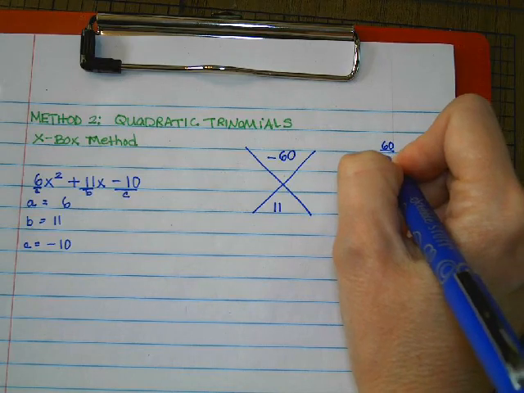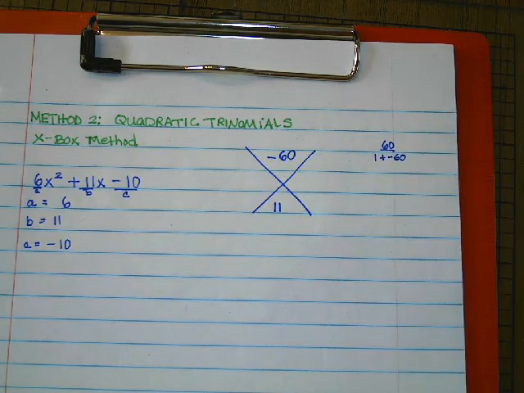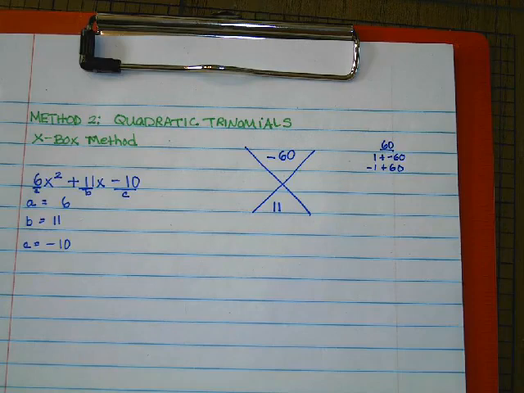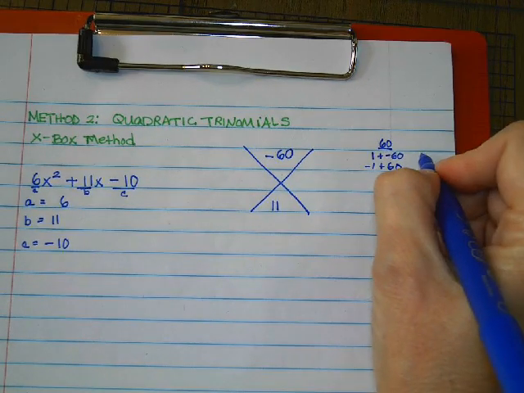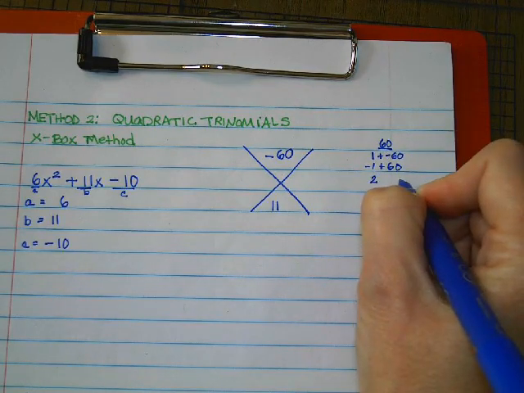We've got 1. Is 1 plus negative 60, because we know one has to be negative? They both can't be positive, so there's no sense in writing that down. So 1 plus negative 60, would that make positive 11? Nope. What about negative 1 plus 60? Would that make positive 11? Nope. So now we're going to try dividing 60 by 2. 60 divided by 2 is 30.